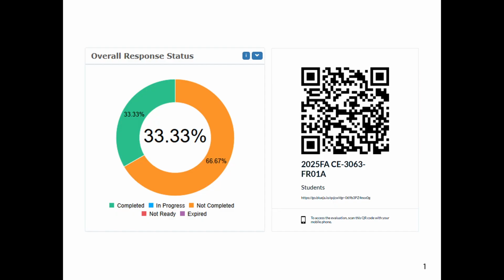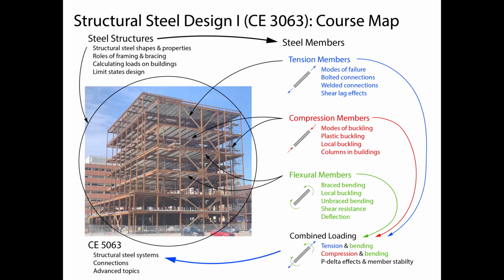We're in the last full week of classes today, and we're also starting a new topic. The last several months, I suppose, at this point, we've been talking about all the different components we might see in our structures, and whether we've got a tension member, a compression member, or a flexural member generally depends on, first, what the purpose of the member is and what the structural analysis results are. And so we've looked at tension members, which might be a brace that experiences tension.